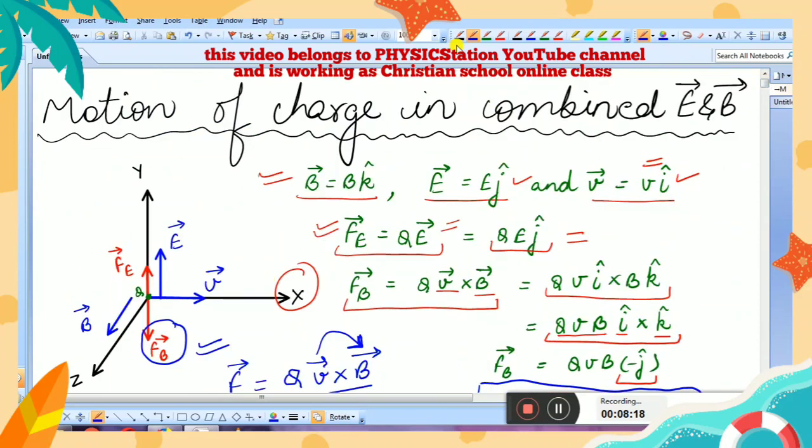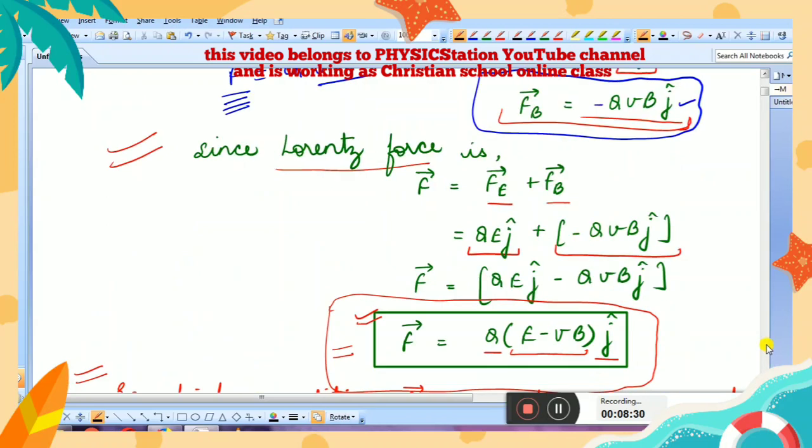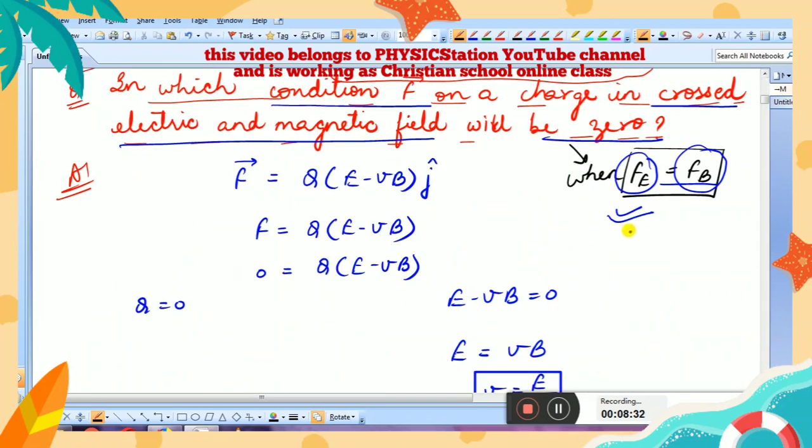Because in the figure, F_e is acting in upward direction, that means positive y axis, and F_b is acting along negative y axis. Because the directions are opposite, if their magnitudes are equal to each other, then the resultant force will be equal to 0.